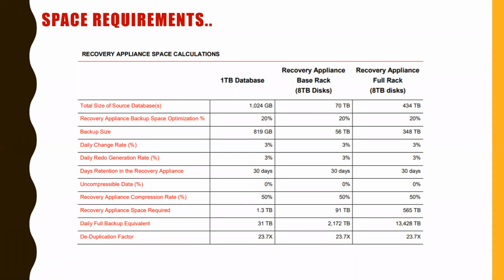Otherwise, it can exhaust the space when the backups are continuously captured and the data is growing. So depending on the retention window, we need to make sure the space requirements are properly set. For that reason, before implementing the recovery appliance, we need to have the proper strategy and policies required for the backup configuration.